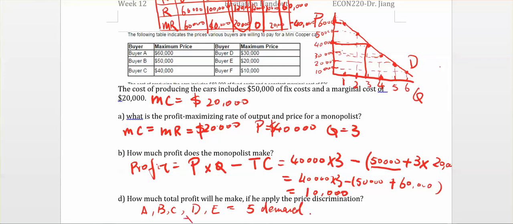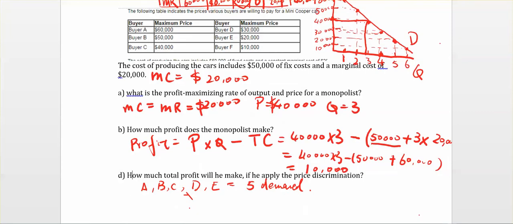So now we can start to do the calculation related to the profit. Since the Mini Cooper dealer will charge different buyers different prices, and marginal cost equals marginal revenue, he can first charge the first buyer $60,000, and the profit from the first buyer will be $60,000 minus $20,000.